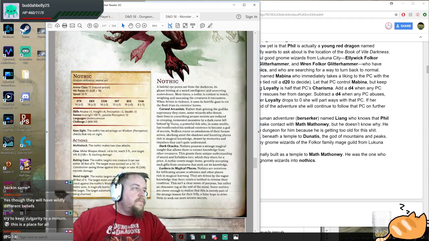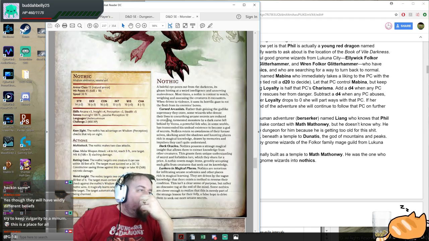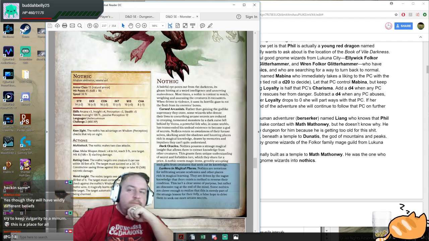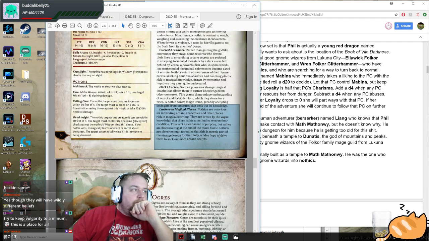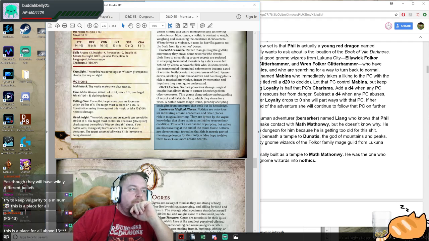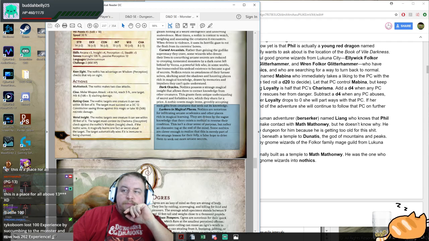And I was okay with that until I read Lurkers in Magical Places, where it said that they are driven by the vague knowledge that there exists a method to reverse their condition. So how can you at the same time have no awareness of what you used to be and have a vague awareness that what you are now is not what you were before, right?